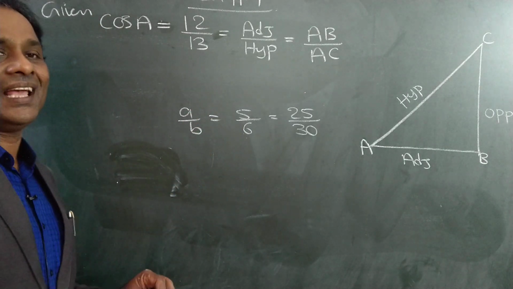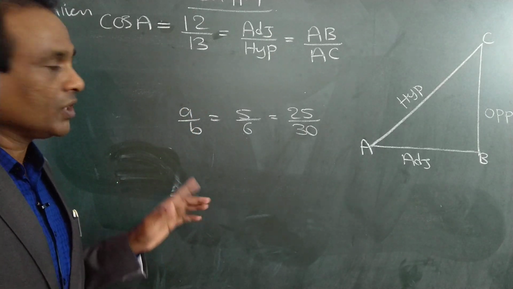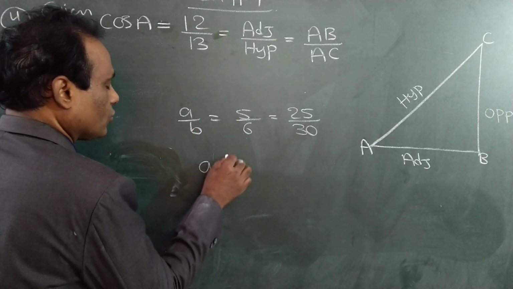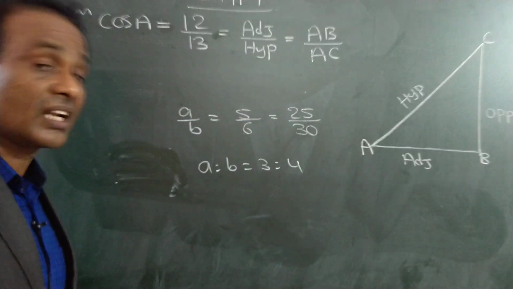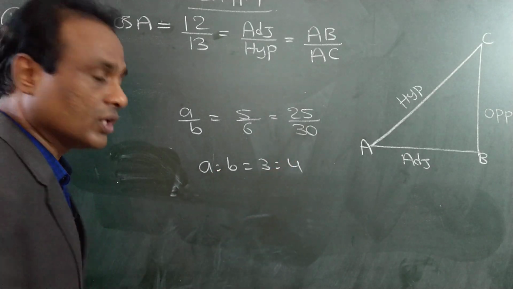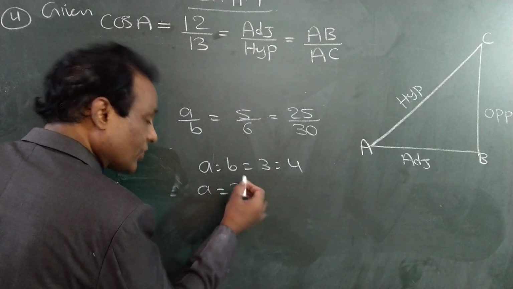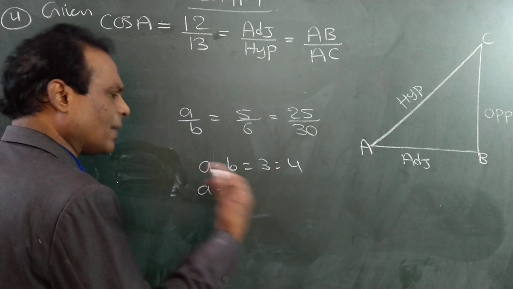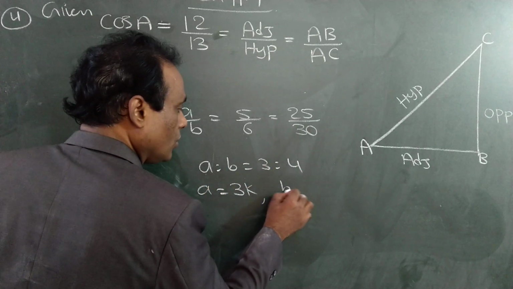So in that case, a fraction and a ratio are the same. Suppose A is to B is equal to 3 is to 4. You studied ratios in 8th class and 9th class. Then A is equal to the ratio multiplied by something, say K. A is equal to 3K, B is equal to 4K.